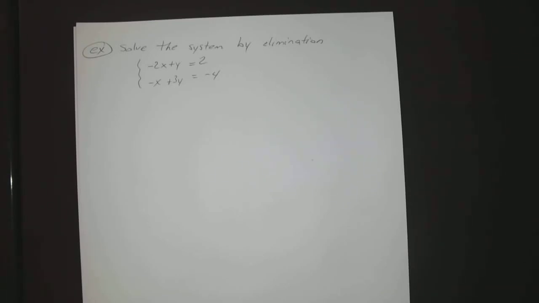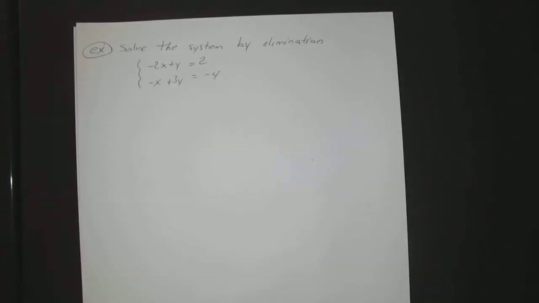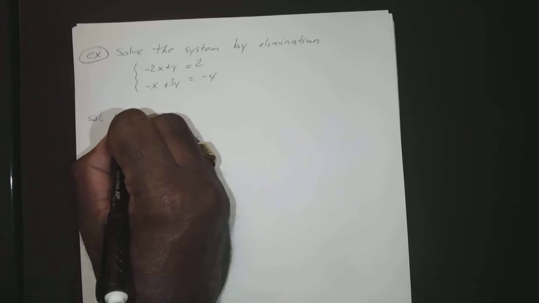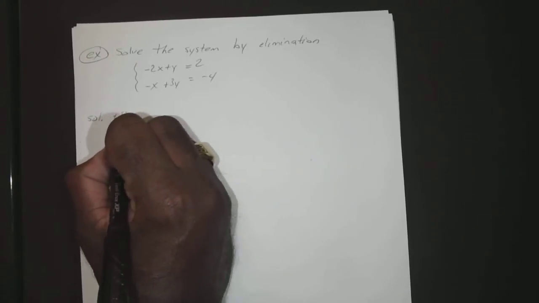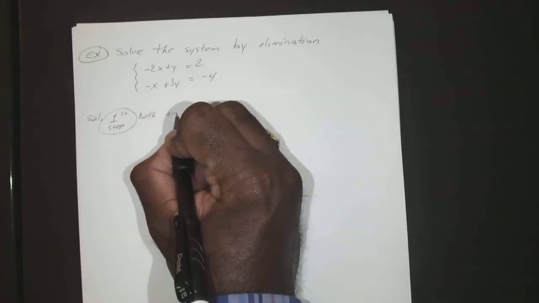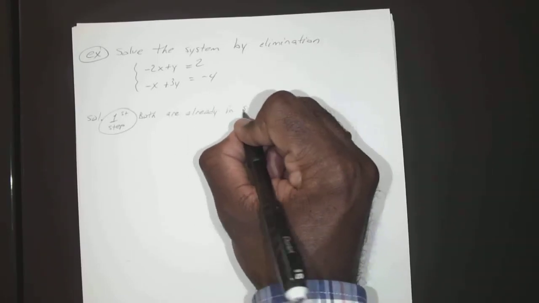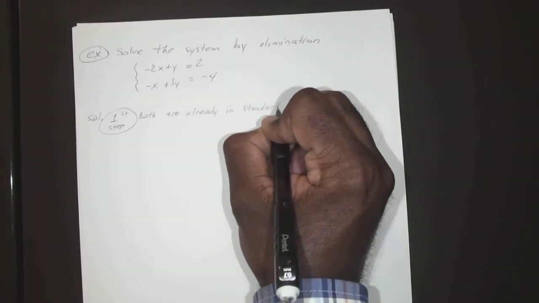Now remember, your first step is to write it in standard form, which means all your variables are on one side. Both are already in standard form, so you can skip step 1.